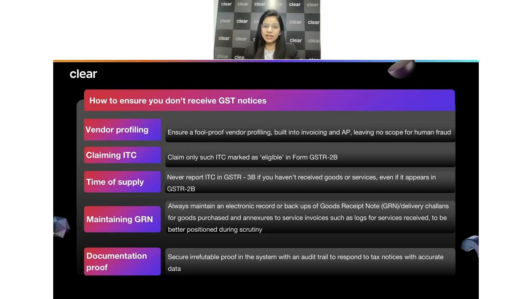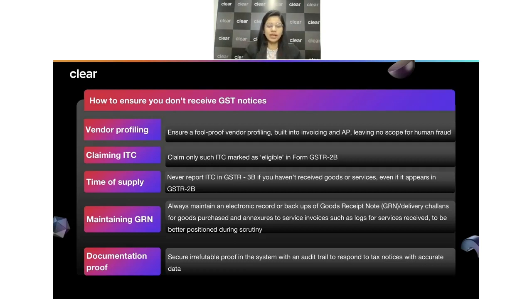In fact, in this return period itself, they have made some changes with respect to how they're populating the values in the 3B form from your GSTR 2B. We should also understand that, because that is one important point which will be relevant when it comes to the issuance of notices by the department.